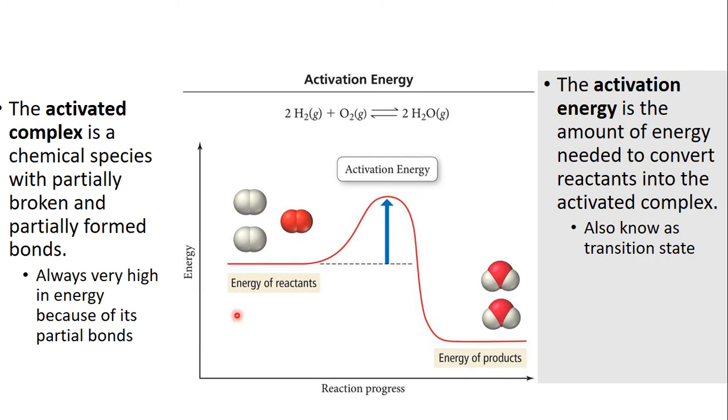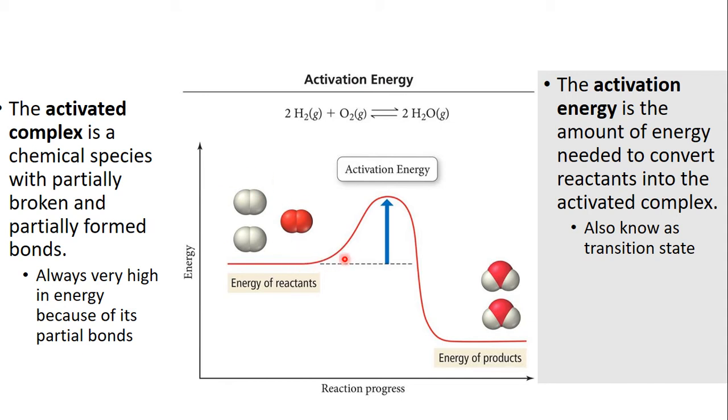All right, so let's take a look at this activation energy a little more. So the plot you're looking at is energy on the y-axis and reaction progress on the x-axis. Remember, negative energy is good, positive energy is bad. So what's happening here is that we have two hydrogens plus an oxygen makes H2O. So here's our two hydrogens and here's our oxygen.